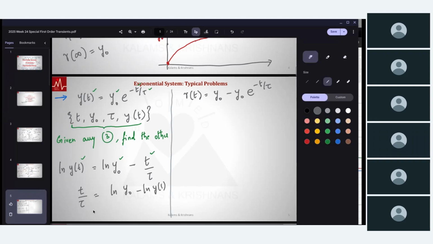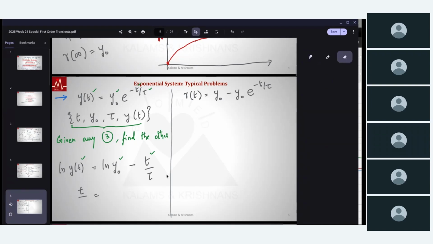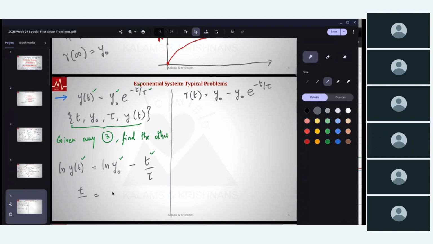In other words, your tau is t divided by ln y naught minus ln y of t. You can easily solve for tau. Notice when I wrote this down, I am actually referring to a very large class of problems. Any 3 in this set, you can find the 4th one.